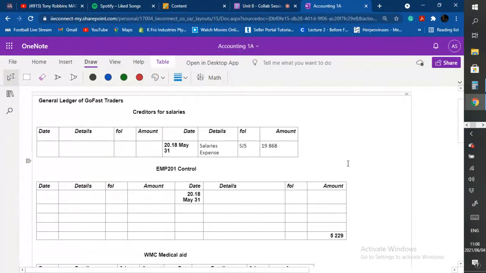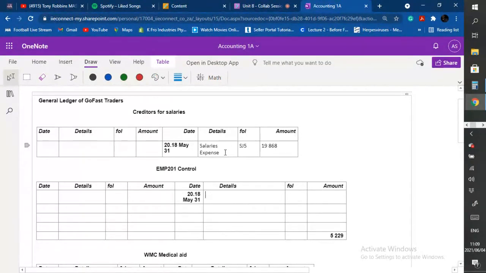There it says, in my book, it's on page 239. There you can see salary expense, PAYE, salary expense, UIF contribution, SDL contributions. Okay, so let's quickly do the same.